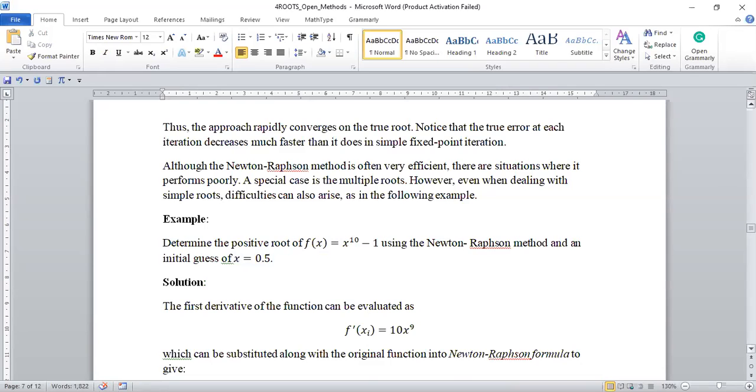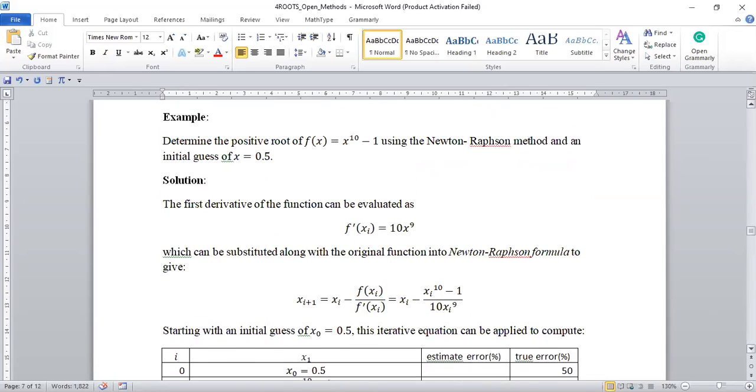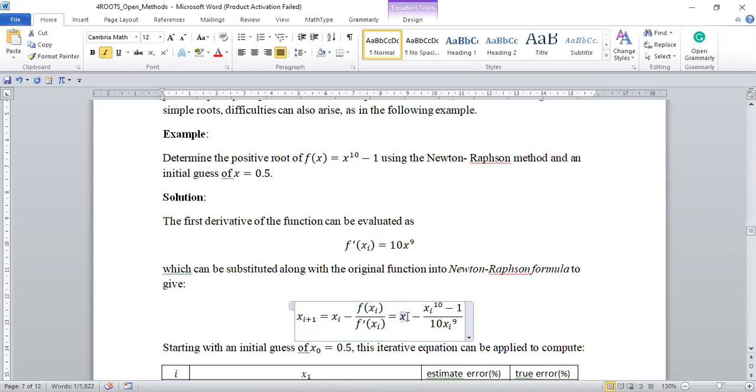Like I told you, in order to use it, you need to have the first derivative. So this is the equation. For the first derivative, you just differentiate this, and you get this. Then the Newton-Raphson method reduces to this.